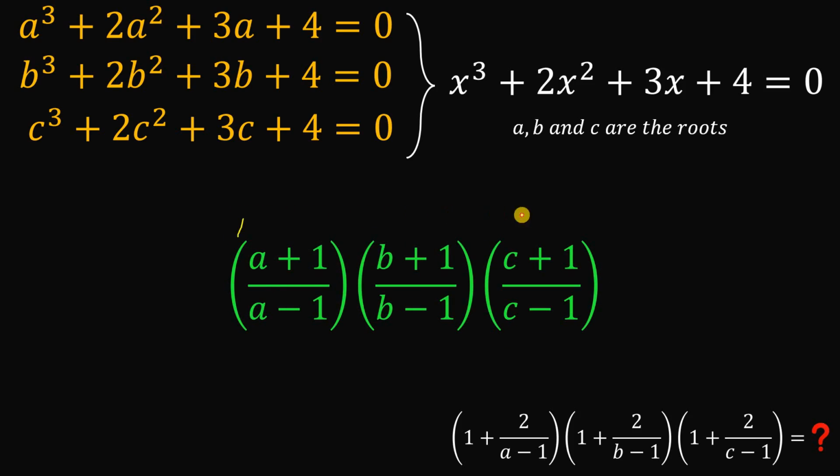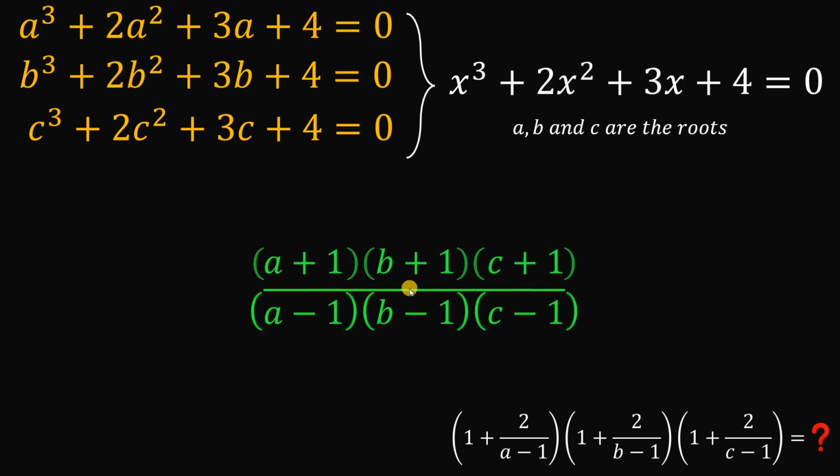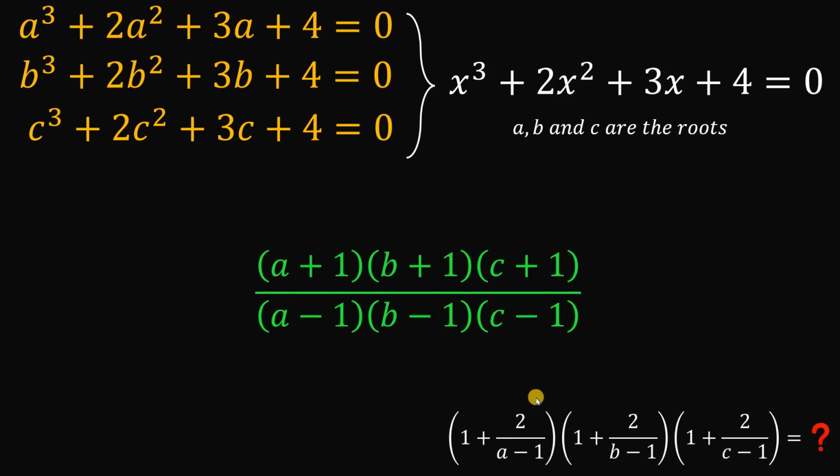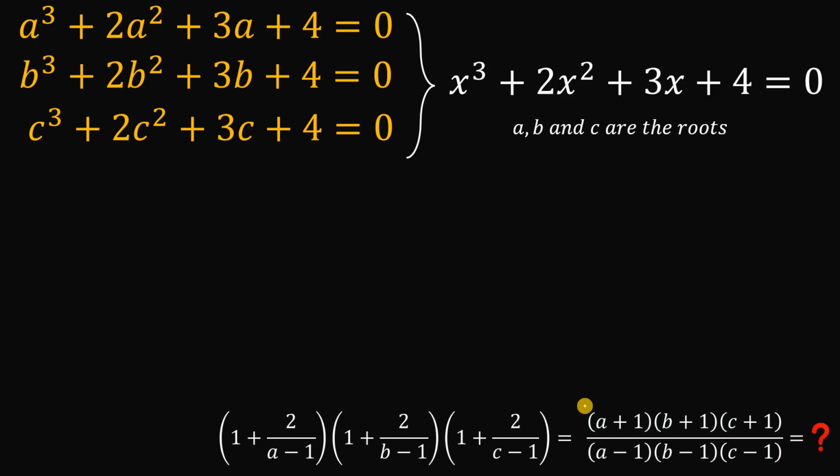And if we multiply all of these terms, we have A plus 1 multiplied by B plus 1 multiplied by C plus 1, all over A minus 1 multiplied by B minus 1 multiplied by C minus 1. And this is now the expression that we want to find. And this is the same thing as the previous one.